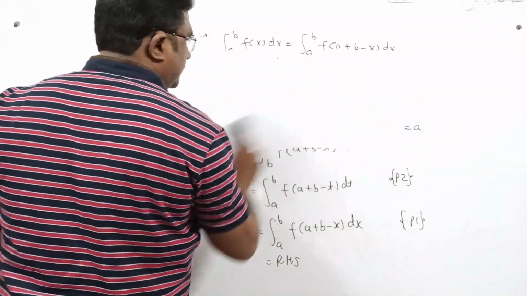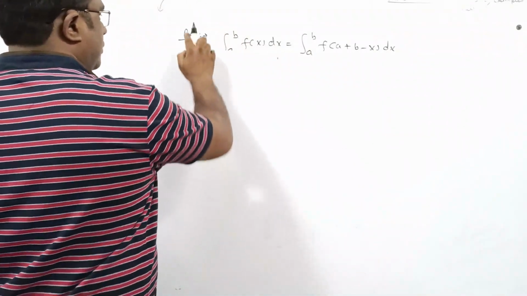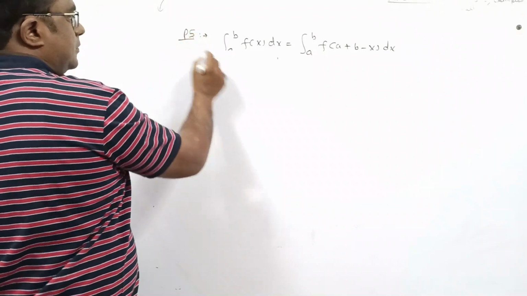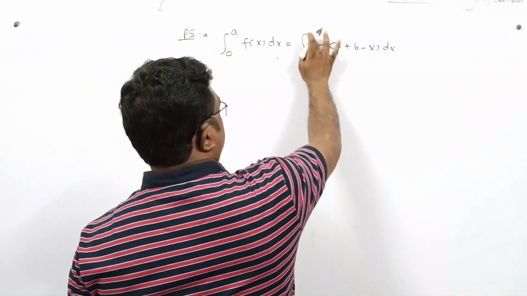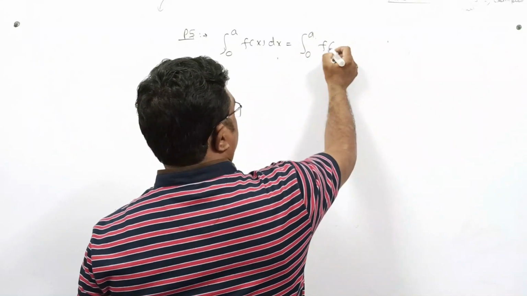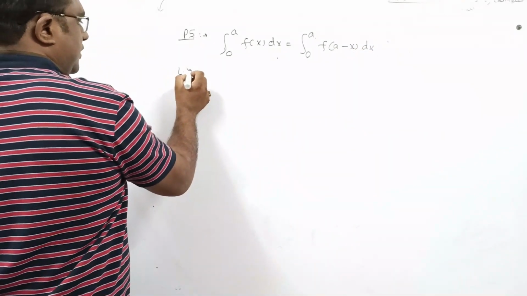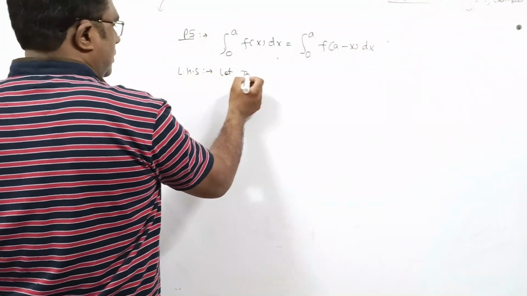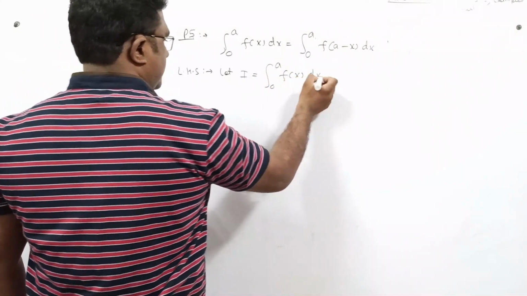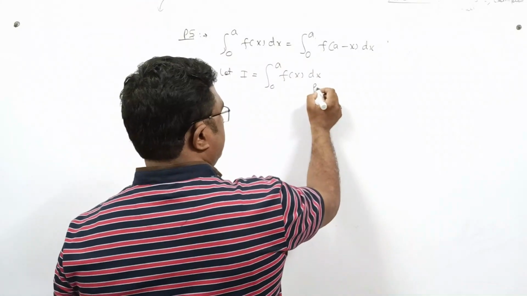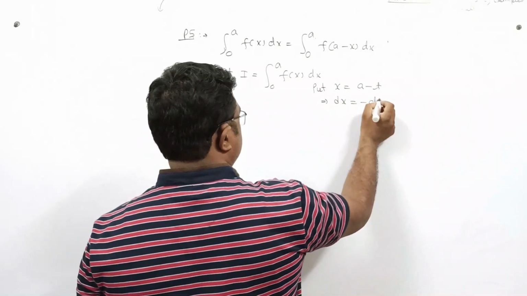Property number 5. Our property number 5 was integral 0 to a f(x) dx equal to integral 0 to a f(a minus x) dx. Let us see this. Left hand side, let I is equal to integral 0 to a f(x) dx. Put x is equal to a minus t, implies that dx is equal to minus dt.